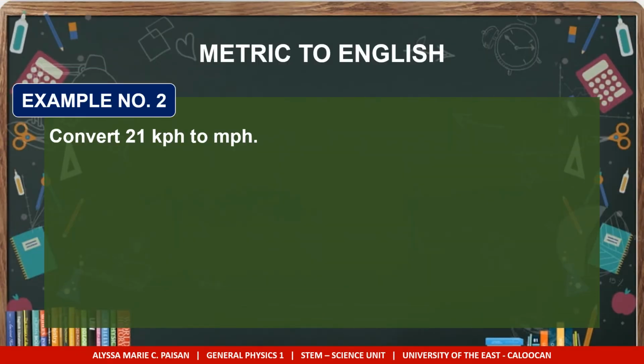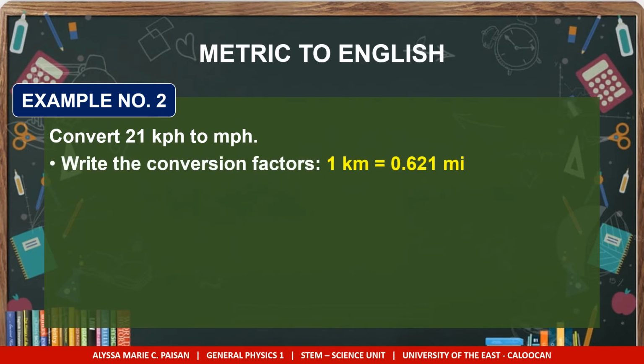Now let's have example number 2, convert 21 kph to mph. Remember that kph stands for kilometer per hour, and mph stands for miles per hour. Our conversion factor will be 1 kilometer is equal to 0.621 mile.